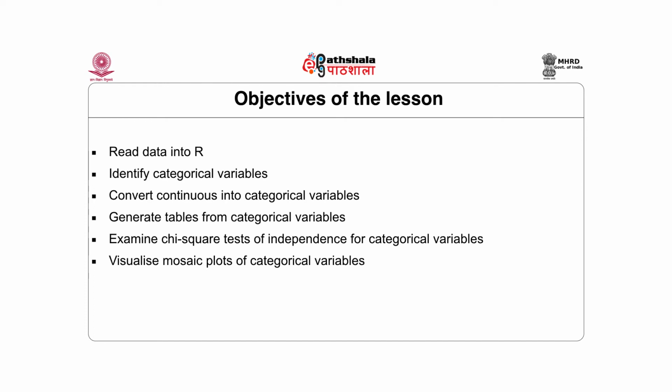So the first thing first, in the next bit, I'm going to read a data set, and then after I read that data set, what we need to do is to identify the set of categorical variables that are present in that particular data frame.